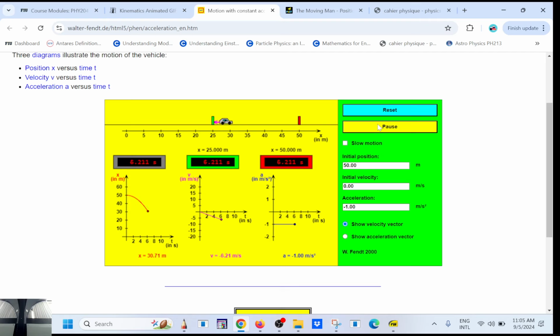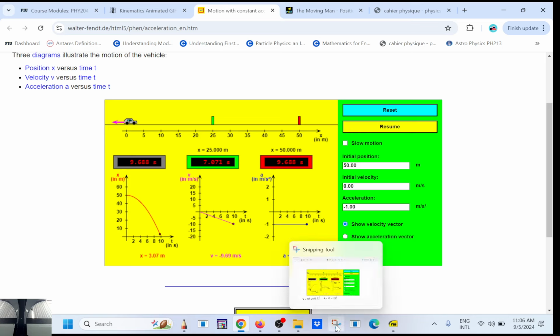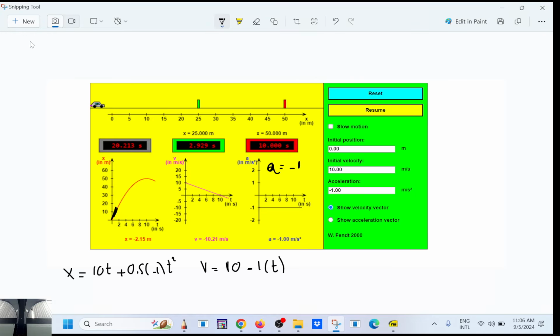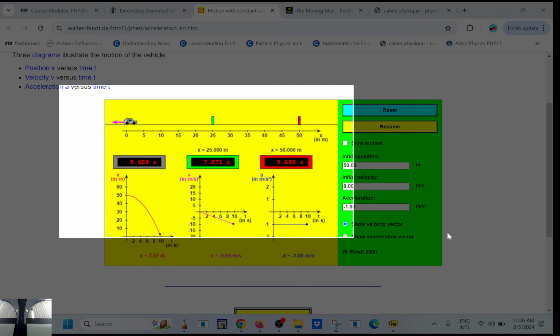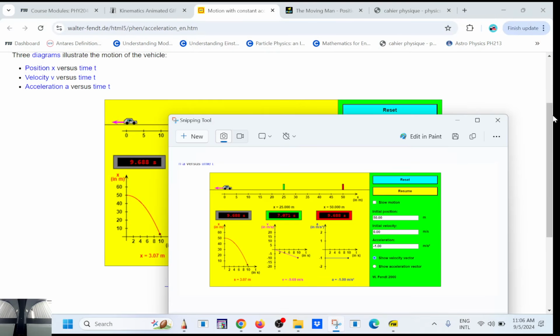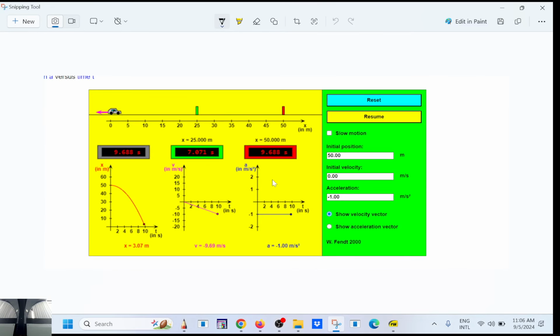So that will be the situation when you take an object like this, you just drop it and it's going to accelerate down. Okay? So acceleration is -1.